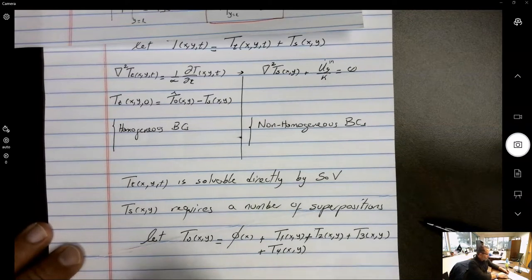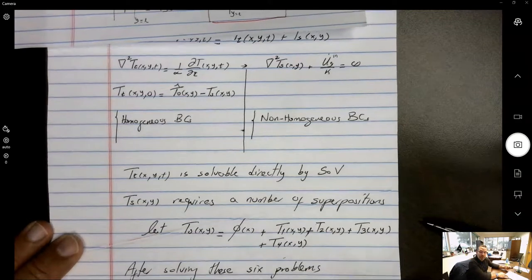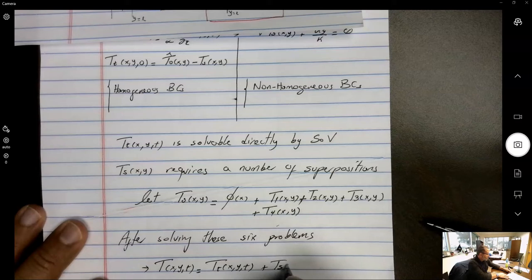So eventually, after solving these 6 problems, that's the one for T_t, the one for phi, T1, T2, T3, and T4, then you end up with the temperature being equal to T_t, the transient portion, plus a steady portion.